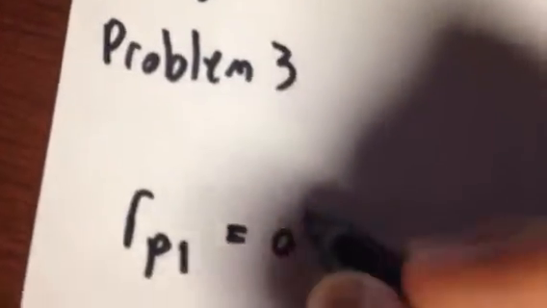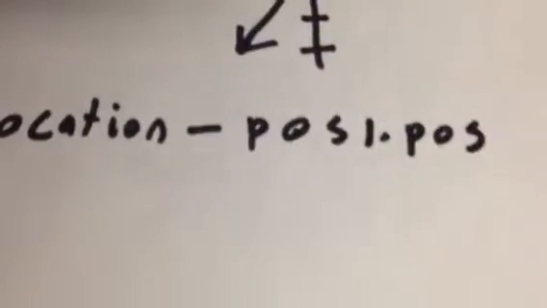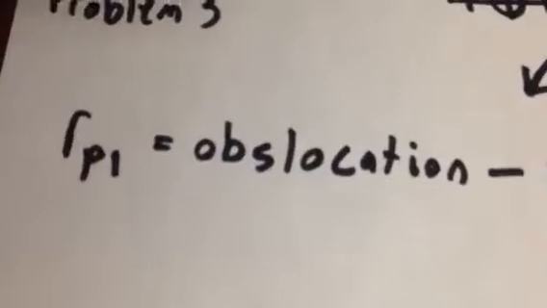Our distance from point 1, rp1, is going to equal obs location minus pos1. You have to write the dot pos so it'll use the position from the previously named pos1, which is already given to us.